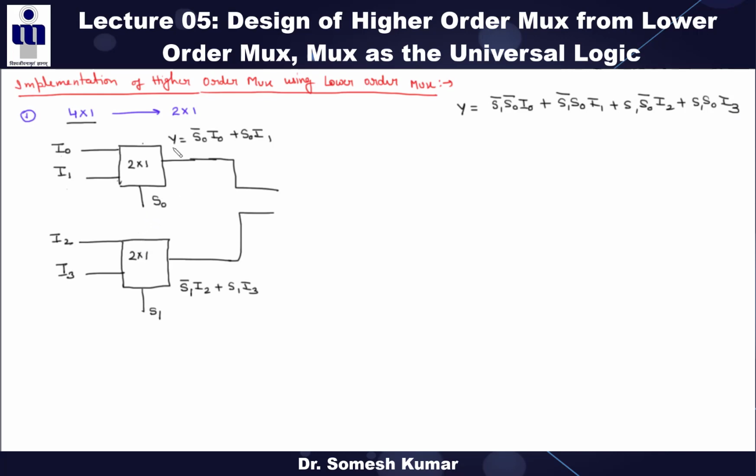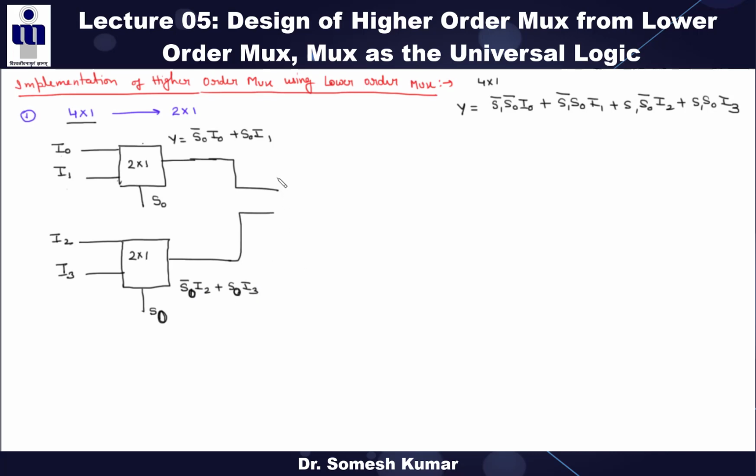This 4:1 mux needs S0 bar S1 bar I0, similarly S1 bar S0 I1. When you are designing the higher order mux from the lower order mux, in the first level you have to take the similar select lines. So here we can't take S1, we have to take S0, so S0 bar I2 and S0 into I3.